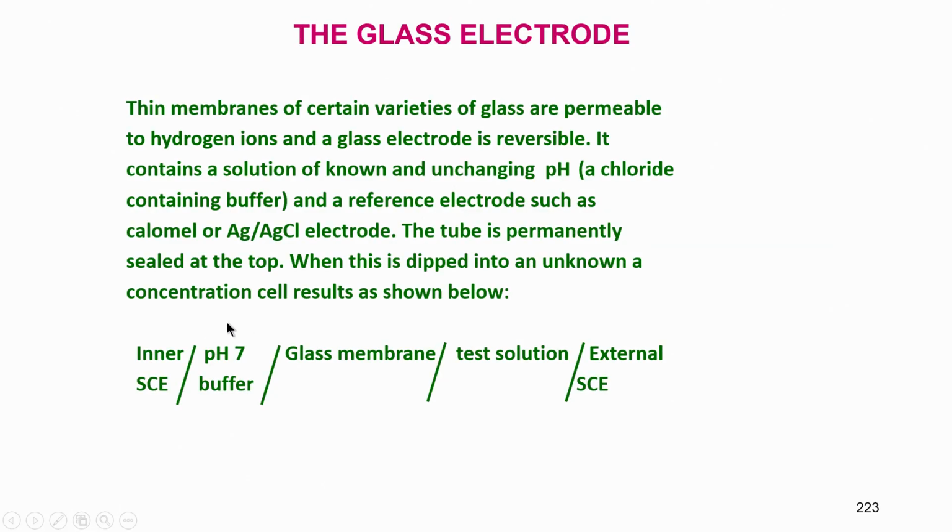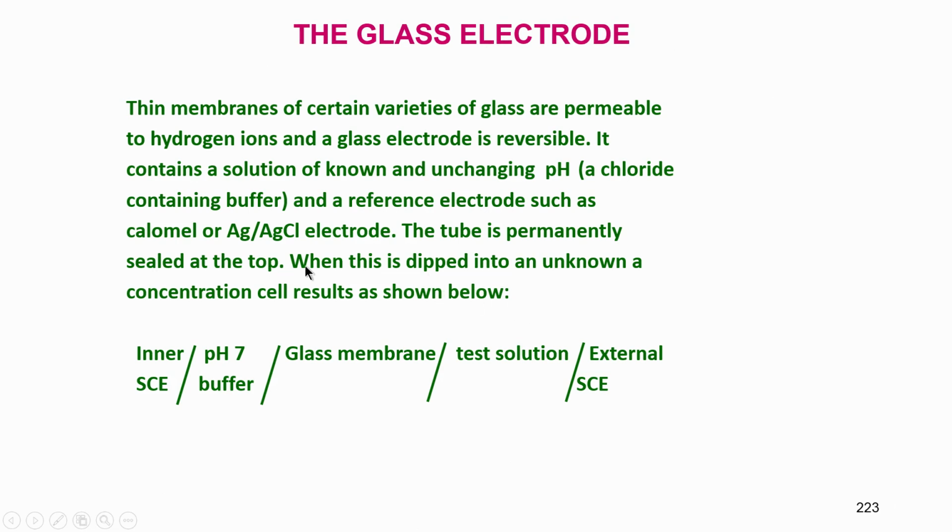The tube is permanently sealed at the top, because I do not want the known concentration buffer to spill out and lose its concentration or evaporate. So, in a glass electrode, we have a silver chloride electrode, the glass membrane and a platinum solution, external mercury solution.